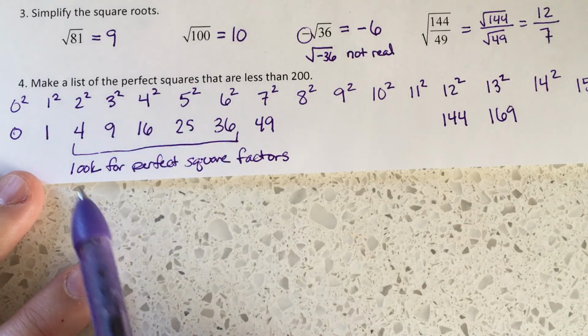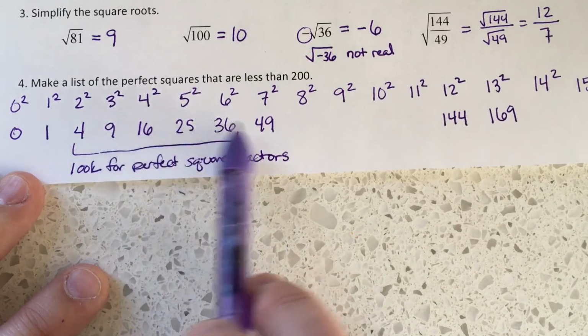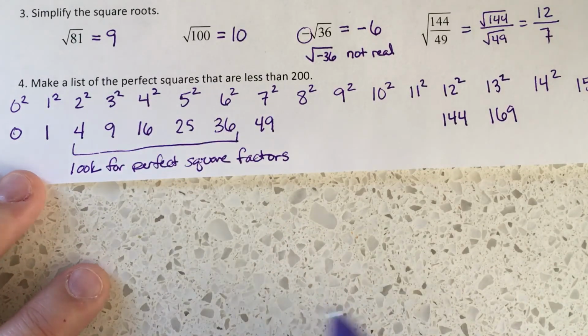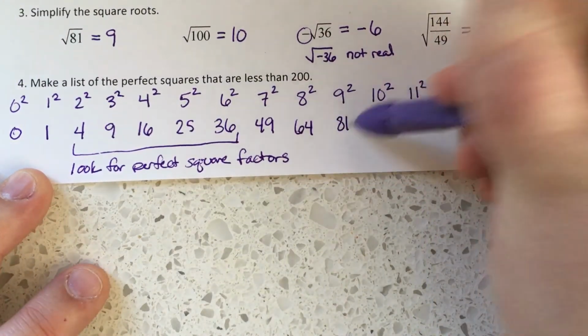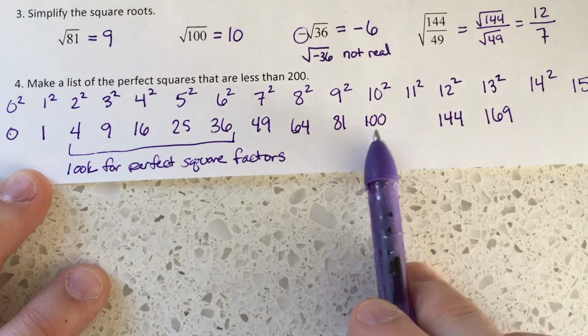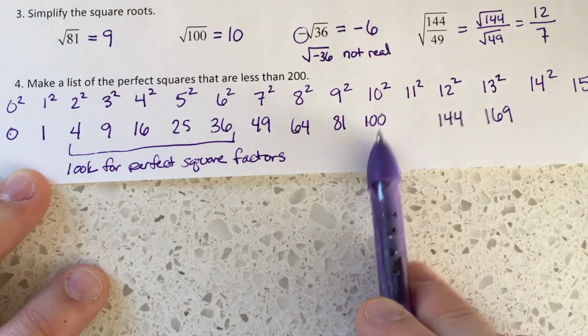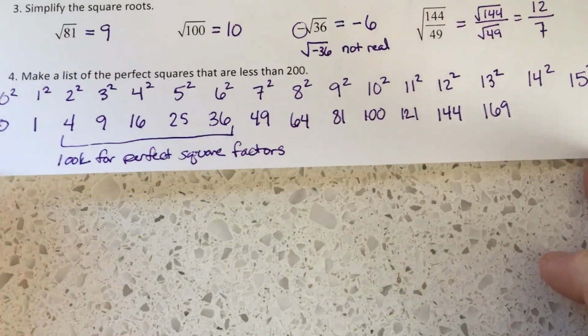So if you're having trouble, keep writing that list. When we're simplifying square roots, these are the 5 numbers we're typically looking for. And then sometimes we might see higher numbers as factors, certainly. If you notice a number ends in 2 zeros, that means 100 is a factor, so we want to look out for that. 121 is an option.